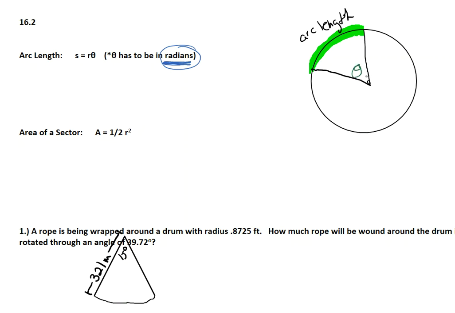And again, that should be in radian measurement. Now, this should make sense, the formula, because if you think about it, circumference equals 2 pi r. Notice that the r's are the same, but what's different is the 2 pi versus the theta, because the 2 pi refers to the entire circle, whereas the theta only refers to the portion of it.